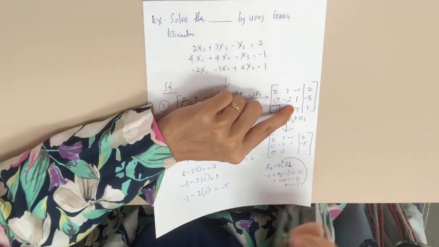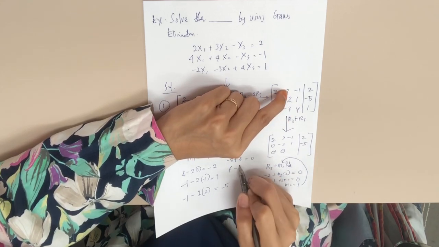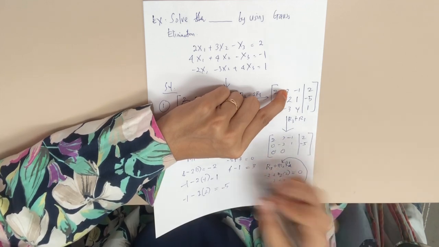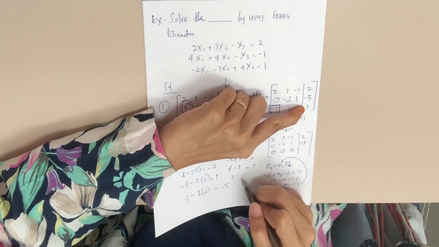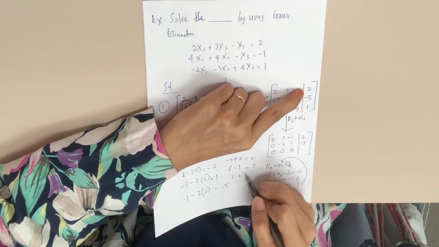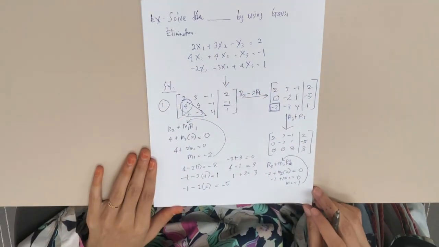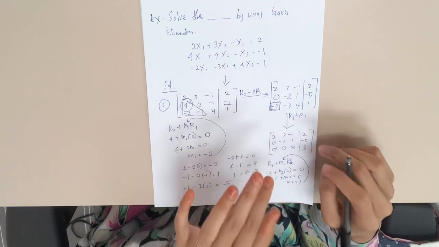Then 4 plus negative R1, so maksudnya plus minus 1 lah. You get 3. And then the last one is 1 plus R1. You get 3. So now you get all the new matrices here. The latest one is this.